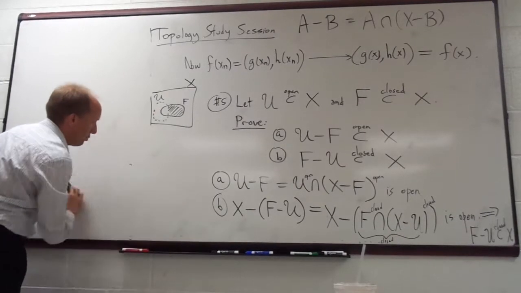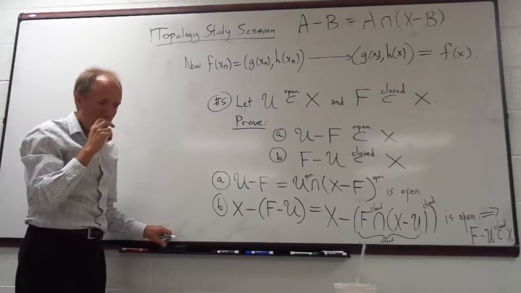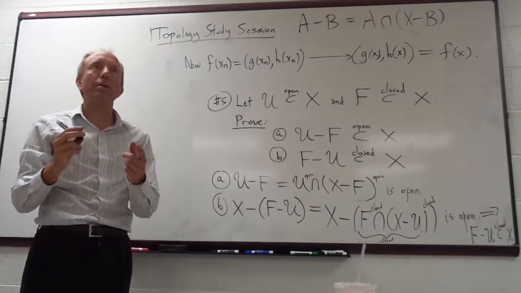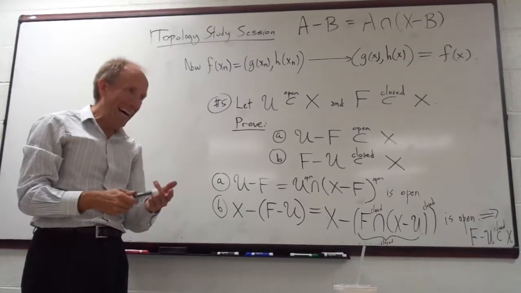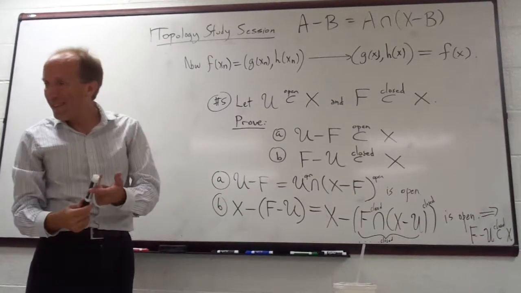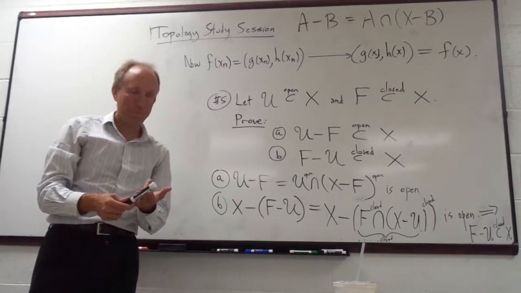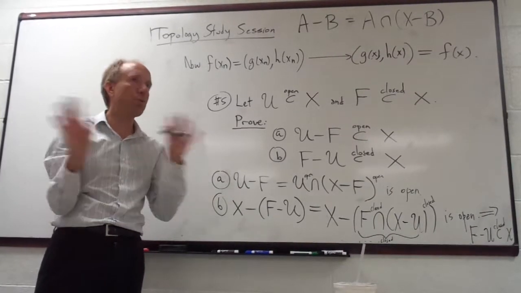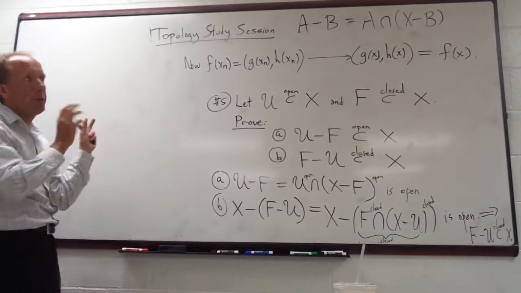Let's review the relationship between open and closed sets. Remember that open sets are preserved by finite intersections and arbitrary unions. So any union whatsoever; don't get caught up in what the index set is.